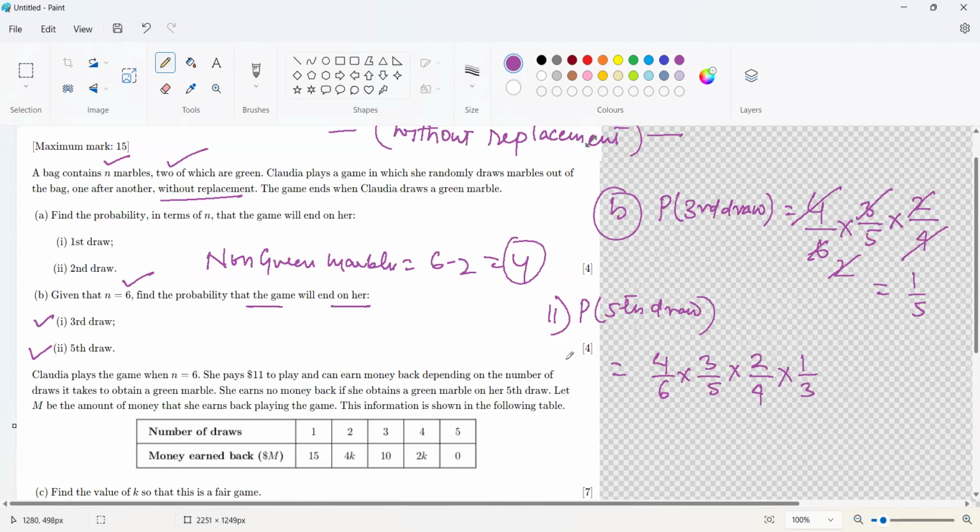So these are the probabilities for choosing non-green marbles in the very first 4 attempts. And on the fifth attempt she is able to pick the green marble, which is 2 out of 2, because then the bag will have only 2 green marbles.